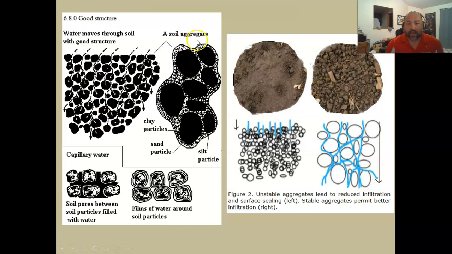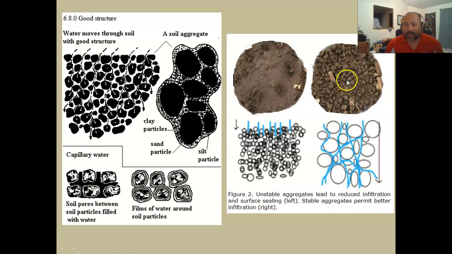Here's a look at a soil aggregate and kind of the idea. So sand, some silt, some clay particles all mixed together, and then you've got the space in between, the pore space for the water and for the air. So on the left, unstable aggregates lead to reduced infiltration, not that easy to get through, whereas here you see that nice soil look to it.